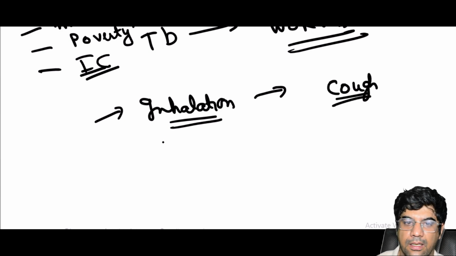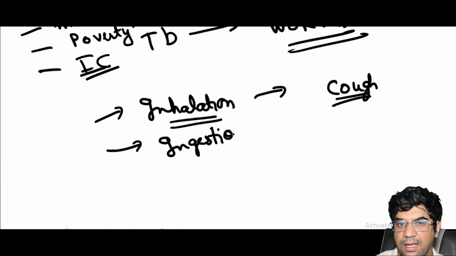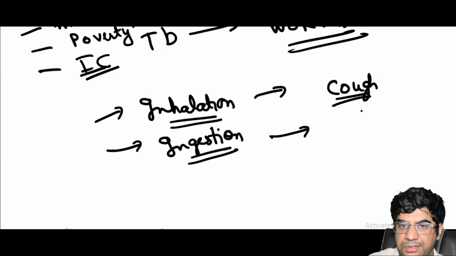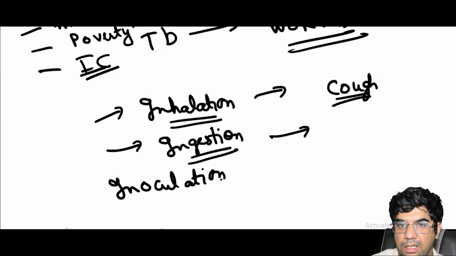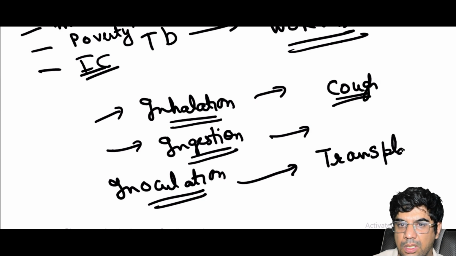It can spread through ingestion, like drinking unpasteurized milk from the infected cows or swallowing infected sputum. Or it can transfer through inoculation through the skin from the infected tissue, or through the transplacental route, that is from mother to the fetus.